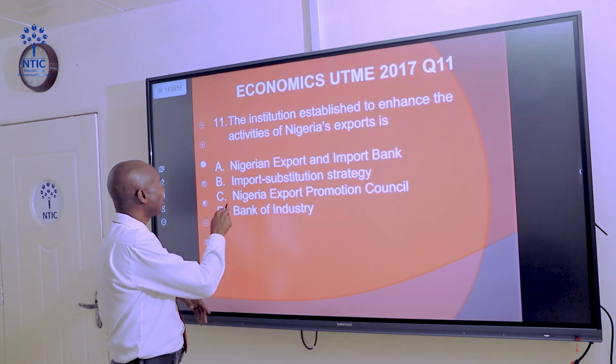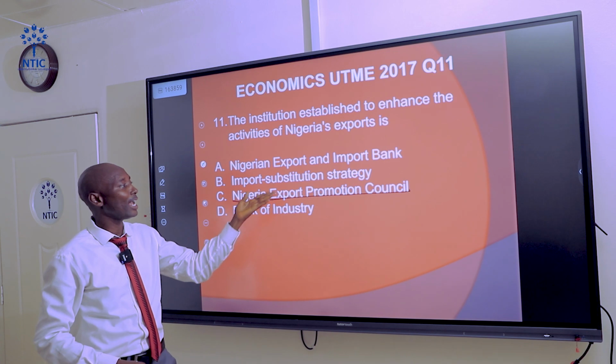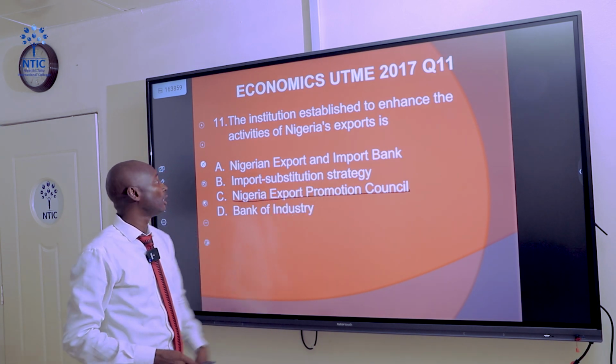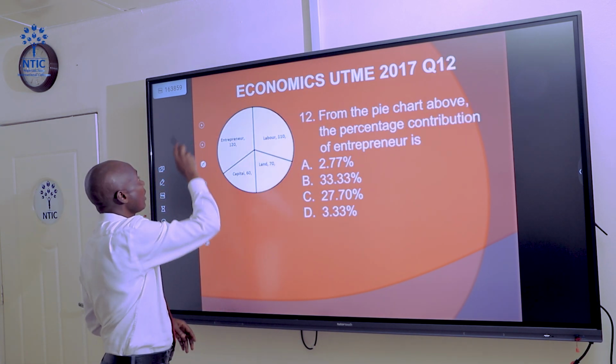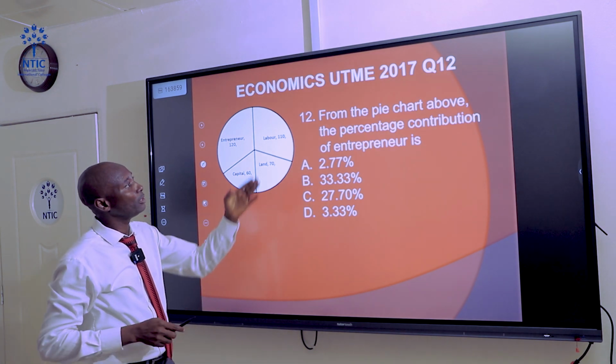And that body in Nigeria is the Nigerian Export Promotion Council. Then we have number 12, from the pie chart.